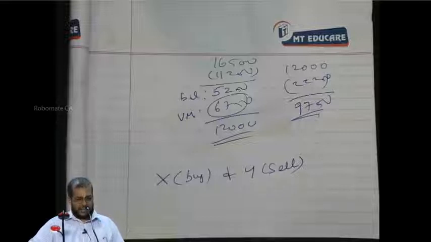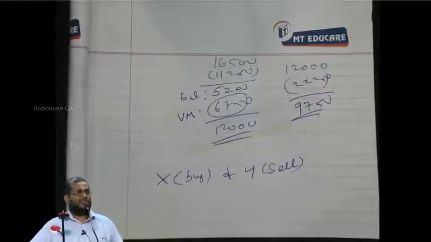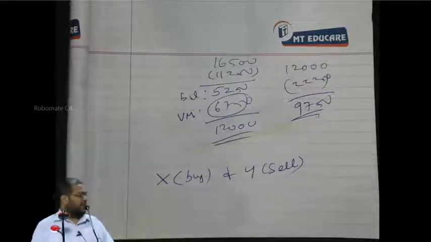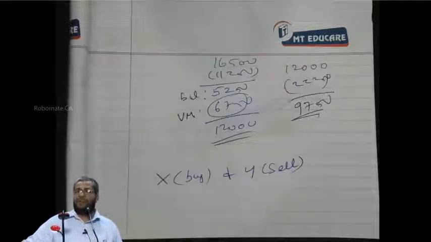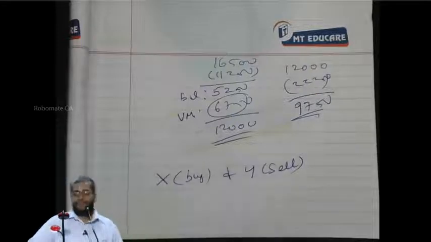So when it crosses 9,000, we deposit variation margin. The margin account balance level at which we deposit variation margin. In this problem it is how much? 9,000. In this one it is 9,000.